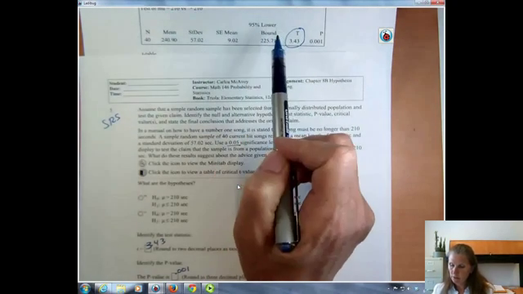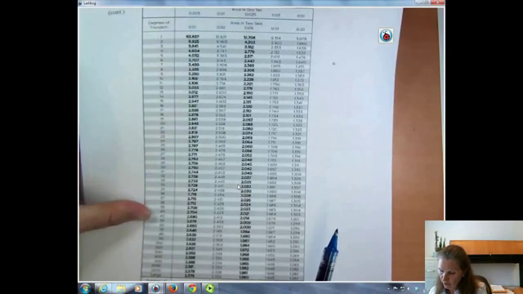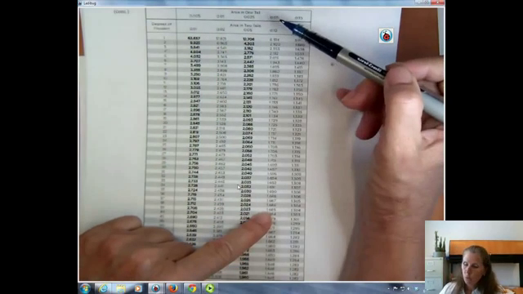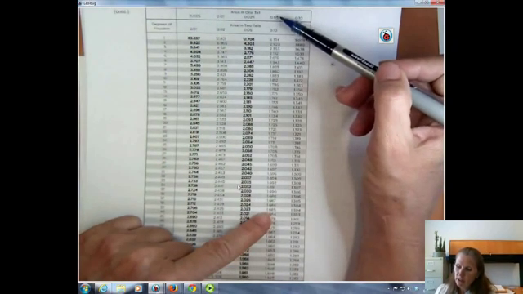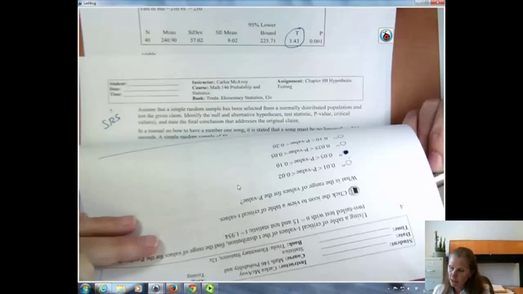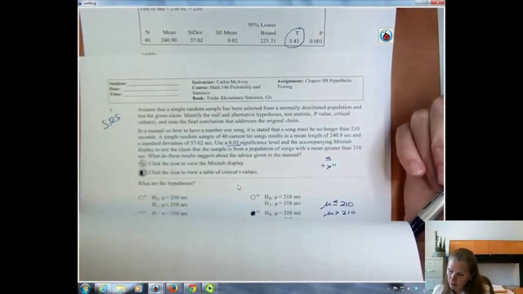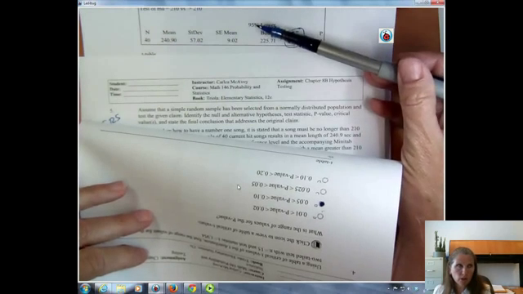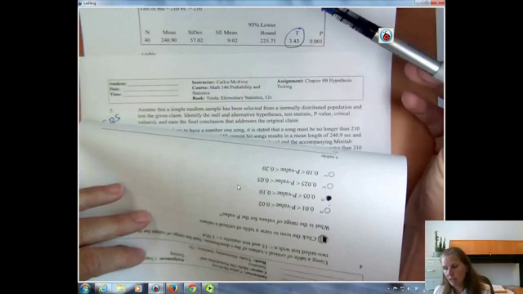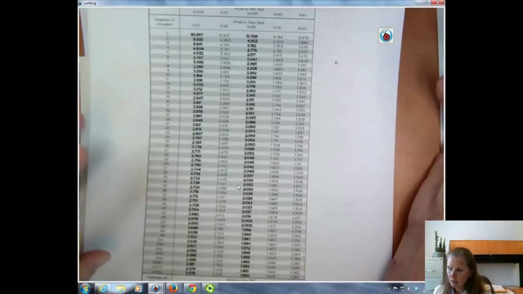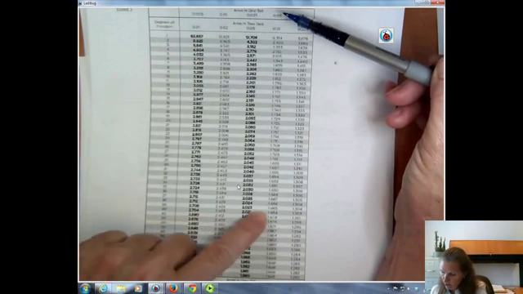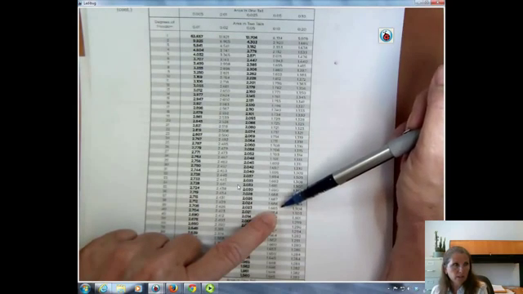So we go to 0.05. Why did I choose 0.05? Because it says in the Minitab display that it's 95%. And if it's 95% and it's all in one tail, what we have left is that 0.05 over there. So I go to that, I go to 39, and I follow it over, and I get 1.685.